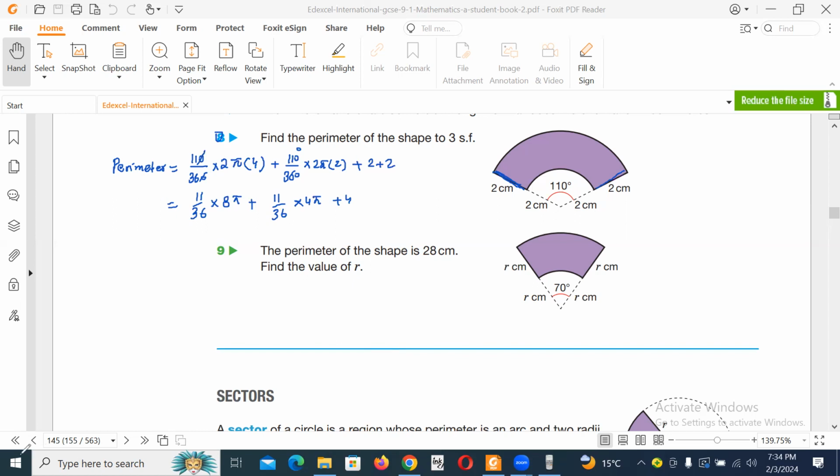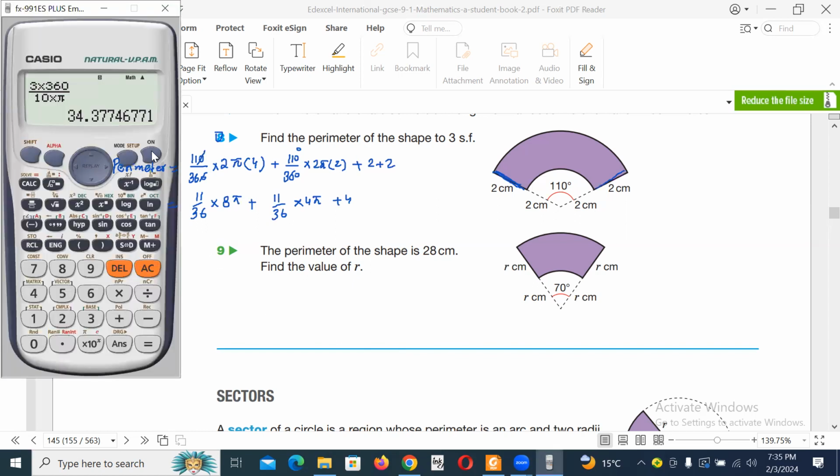So if we check straight away in the calculator, it gives us 11 over 36 multiply 8. It's better we use multiply 8 and shift pi.